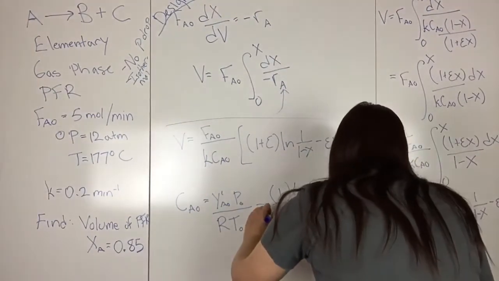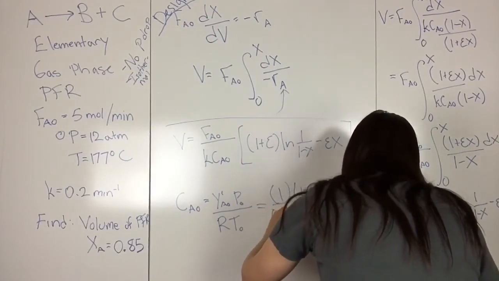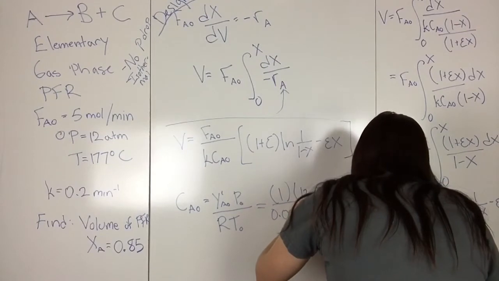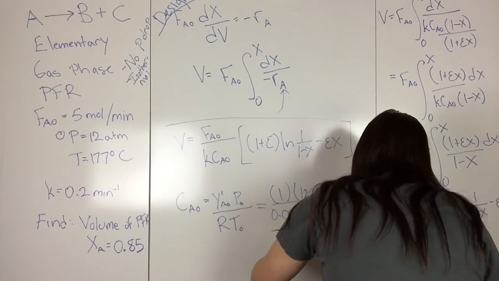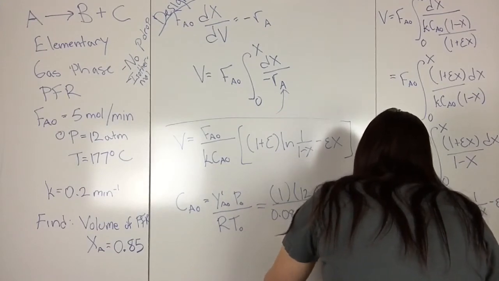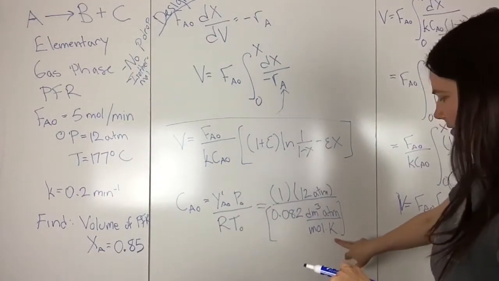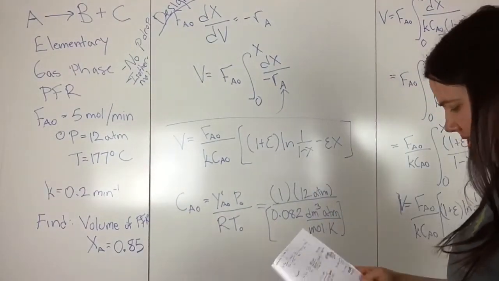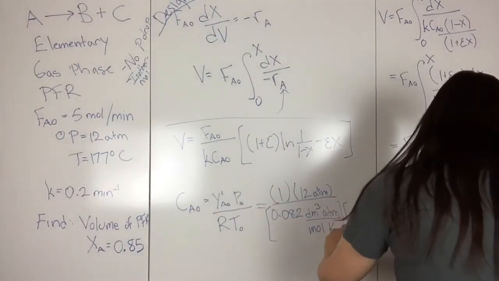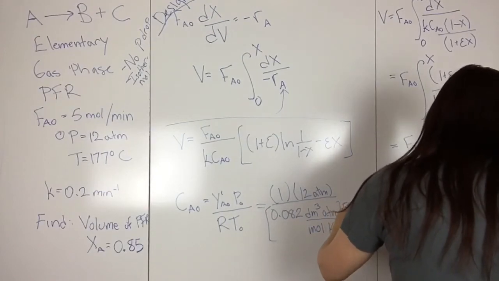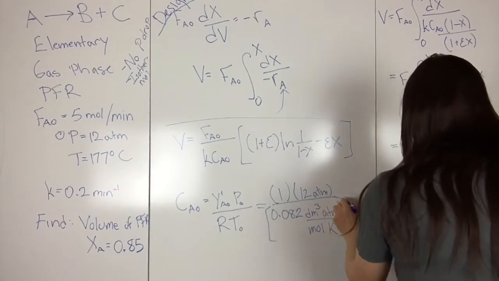The one I'm using here is 0.082 dm cubed atmosphere over mole K. The only thing is the temperature for this is in Kelvin, but our temperature is in Celsius, so you just need to remember to convert your temperature to Kelvin. So that is 450.15 Kelvin.